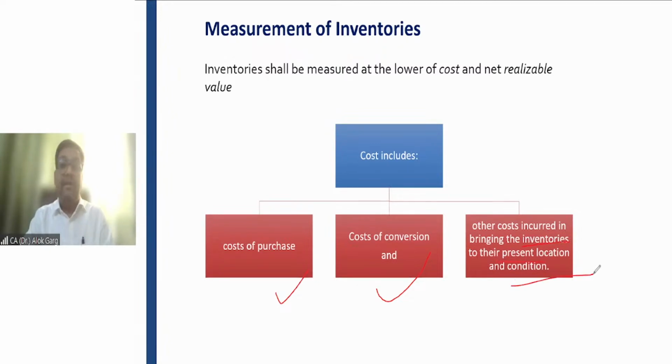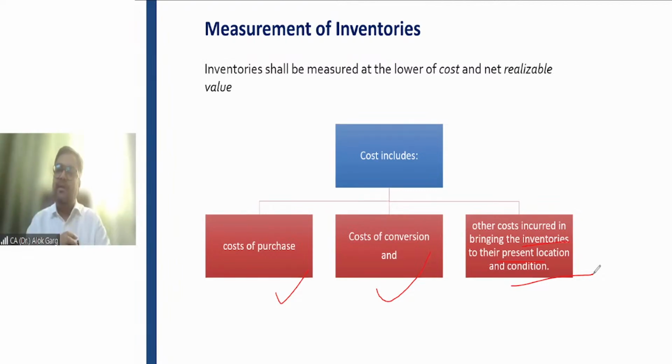Then the other cost, which is incurred in bringing the inventory to its present location and condition. There could be some other cost also, which is important to bring the inventory into its present location and condition. For example, in the liquor industry, the grapes or other fruits or some other raw material has to be kept in a storage facility for long years.